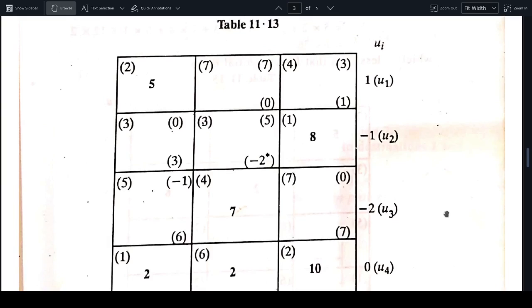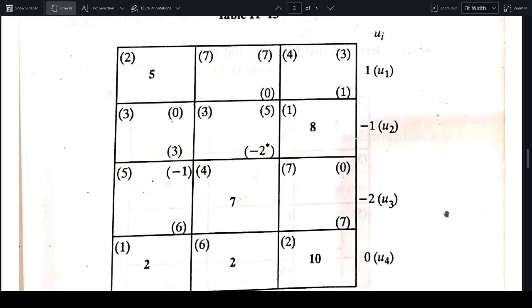So which side do we move? Where allocation is present, right? Yes, 2, 2. Here you see either we can move right hand side or downward.